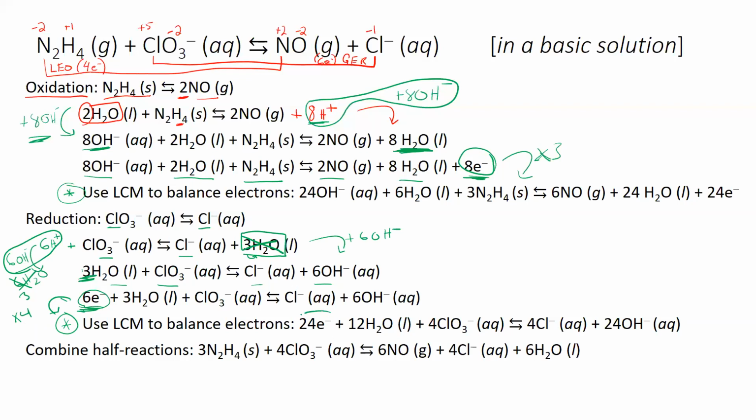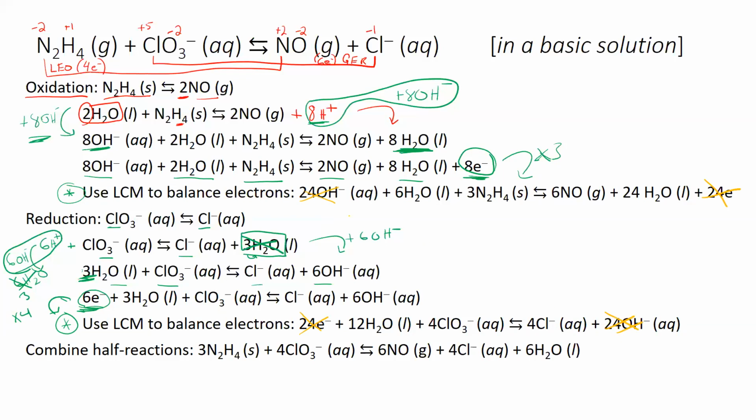And so when we do this, I'll change my colors here to orange. When we add them together, our electrons go away, 24 electrons go away. Our hydroxides wind up canceling out, we have 24 on that side and 24 on this side.